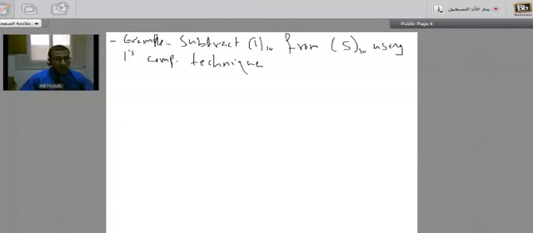So I'm asking you to subtract 1 from 5 using the one's complement technique.